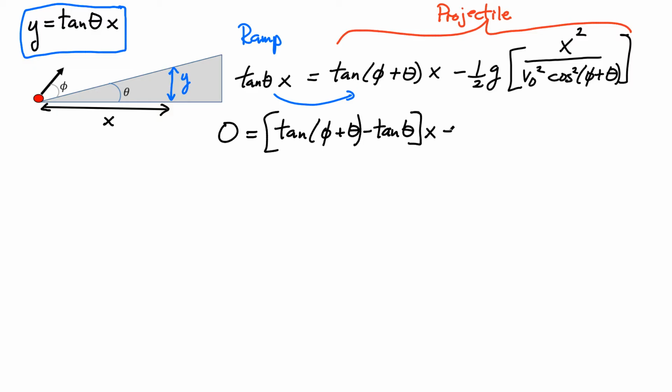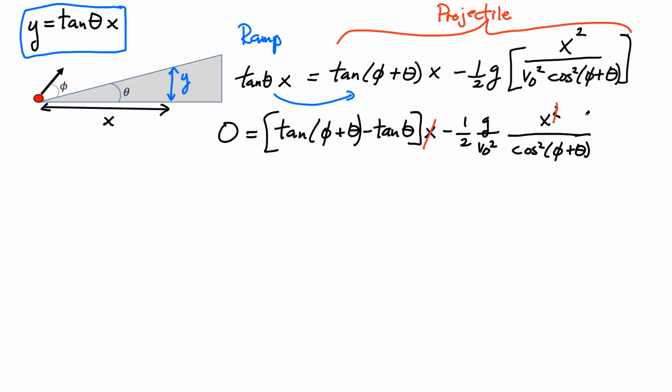And now minus 1/2 g over v naught squared x squared divided by this whole bit, cos squared of theta plus phi. Okay, so automatically you can see that if you cross out one of the x's, because we already have the x equals 0 solution, let's get rid of this one and this one. And now you simply solve this equation for x.